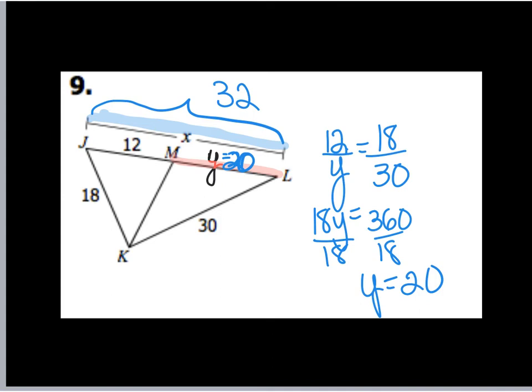Is there another way you can do this? Absolutely. Pause and write that down, and I'm going to show you in red how to do the next one. In red, we could have done 12 over x minus 12, because that part is the other part of 12, so we have to subtract from 12, is equal to 18 over 30.